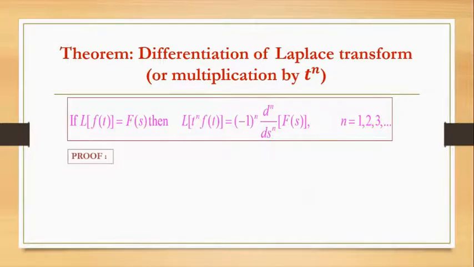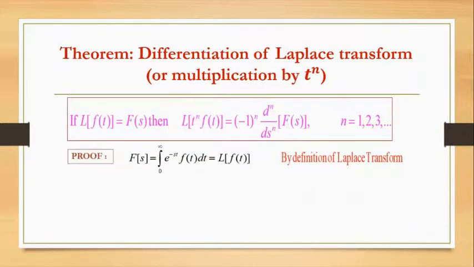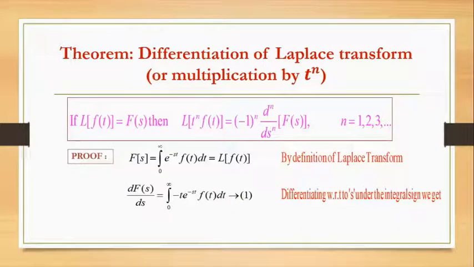By the definition of Laplace transform, we very well know that capital F of s could be defined as integral 0 to infinity e power minus st f of t dt, which is equal to Laplace of f of t. Now differentiating both sides with respect to s, we get d by ds capital F of s is equal to integral 0 to infinity minus t e power minus st f of t dt.